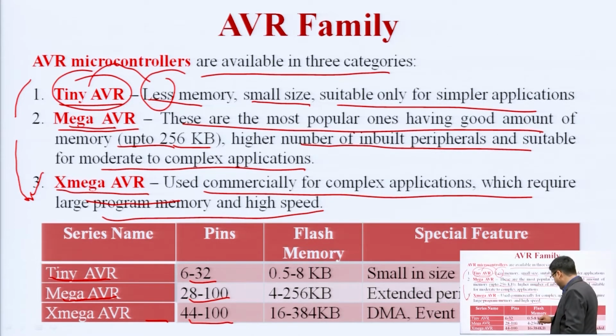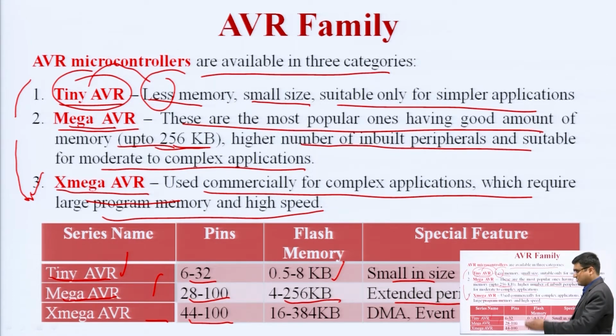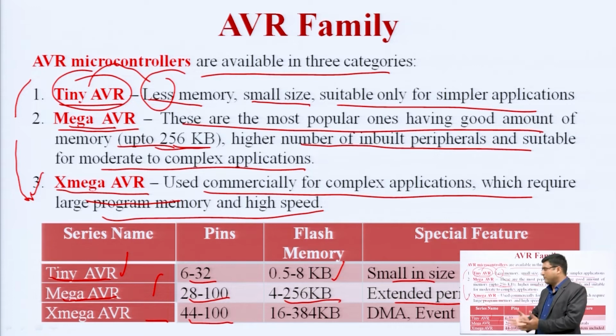Flash memory is 0.5 to 8 KB in the case of tiny AVR, and in the case of mega AVR the flash memory is 4 to 256 kilobytes. As we have seen, the amount of memory available is up to 256 kilobytes. It has extended peripherals. Basically tiny means it is small in size, and mega means it has extended peripherals, which can be extended to a large extent as compared to tiny AVR.